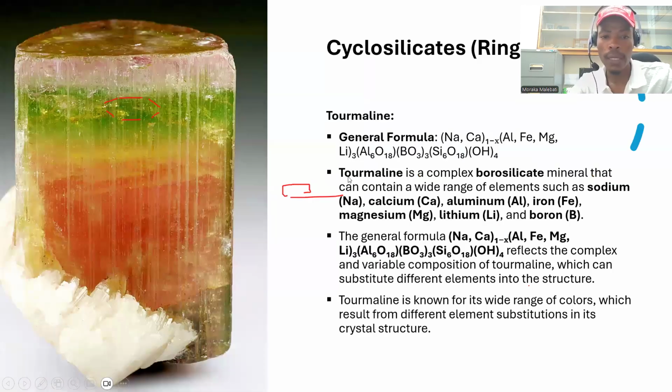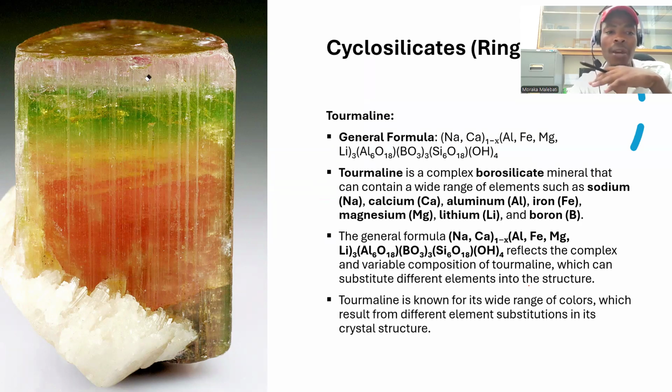Okay, so this is the tourmaline. Tourmaline is easy to identify because it has different colors within it. You can see a bit reddish here, a bit greenish here, somewhere it's clear; it has this wide range of colors. And this range of colors results from different element substitution in its crystal structure. You are substituting different elements in the crystal structure of this tourmaline, which is why it will have a range of colors.